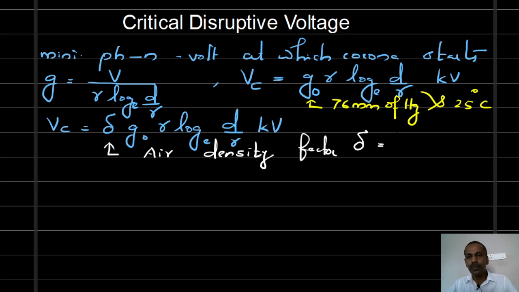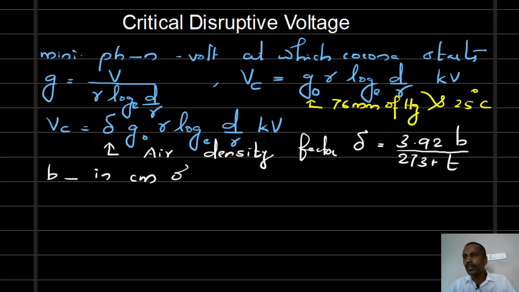Delta is equal to 3.92 B divided by 273 plus T. Here B is the barometric pressure in centimeter of mercury, and T is the temperature in degrees centigrade. So we can find out the critical disruptive voltage at any atmospheric condition, but you need to include the term, the air density factor, corresponding to the particular atmospheric pressure and temperature.